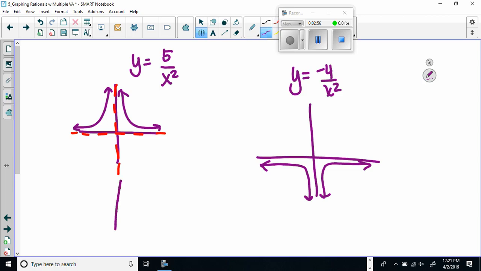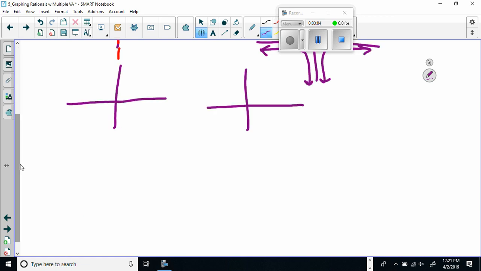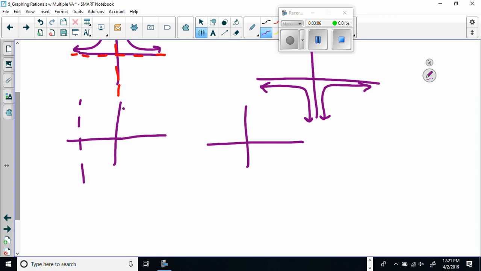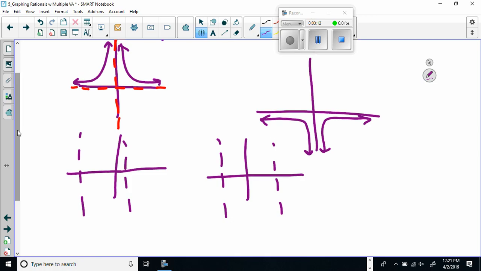So what you're going to end up drawing for me today, here are my two choices. I'm going to have a couple vertical asymptotes. Maybe they're here, maybe they're here. If my A value is positive, my outside curves are going to look like this graph up here.